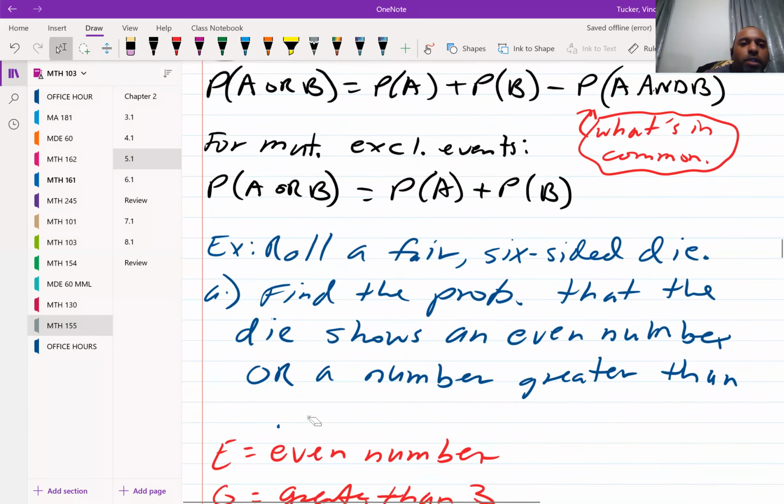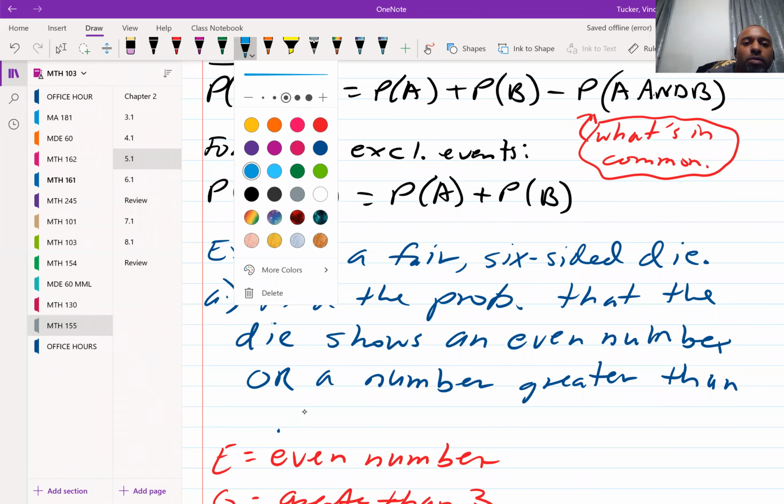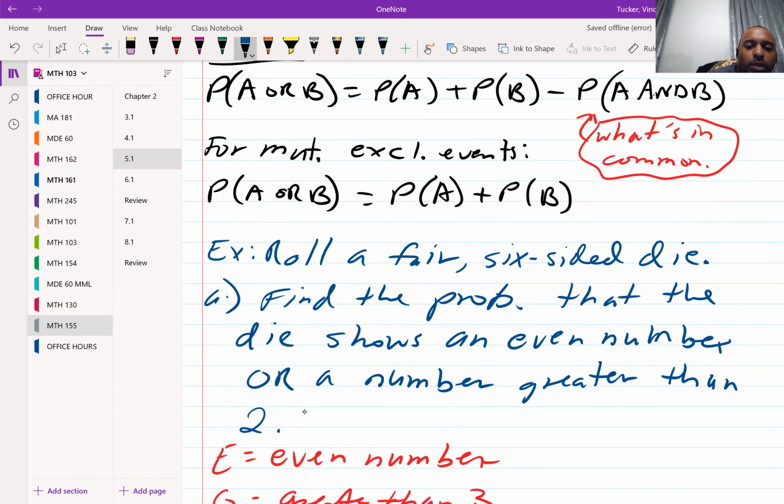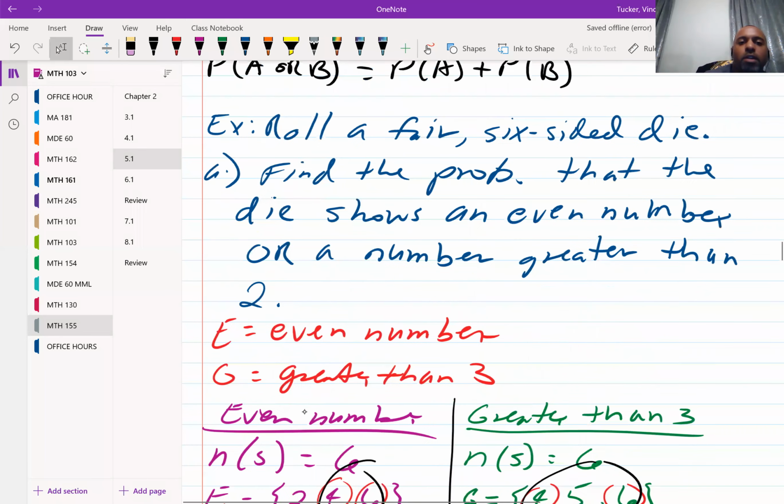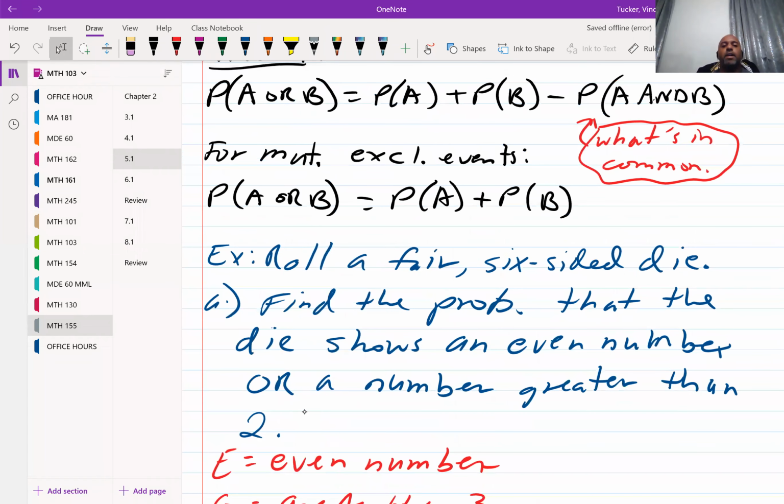I'm going to change that to greater than 2 just for a better visual. So, roll a fair six-sided die. Find the probability that the die shows an even number or a number greater than 2.